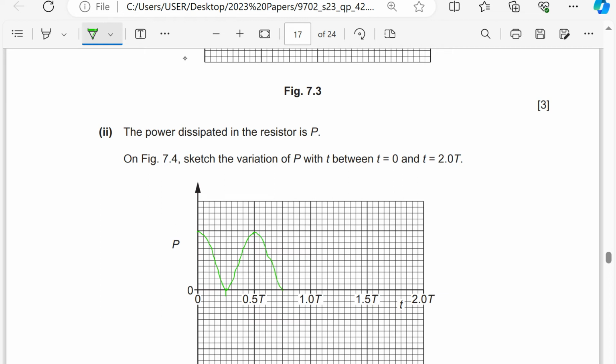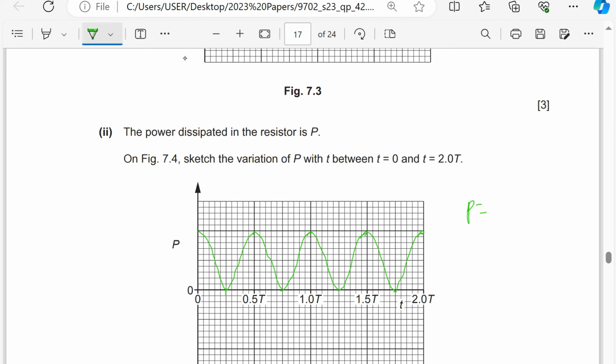Since power depends on the square of current, or power depends on the product of I and V, which is always positive, the graph is just the same.